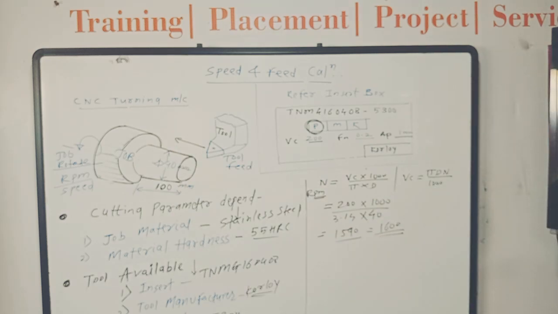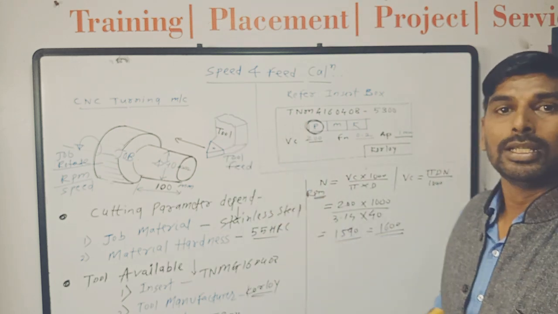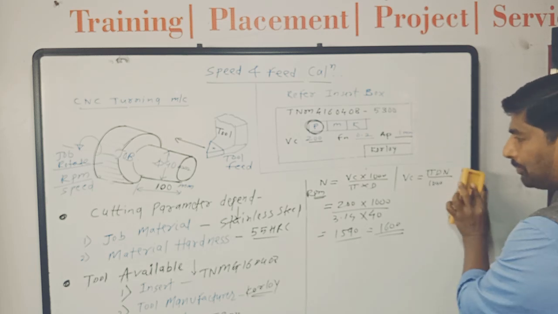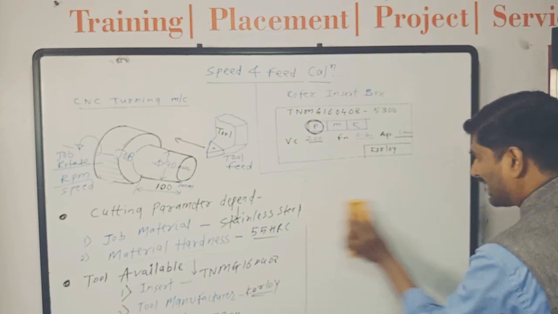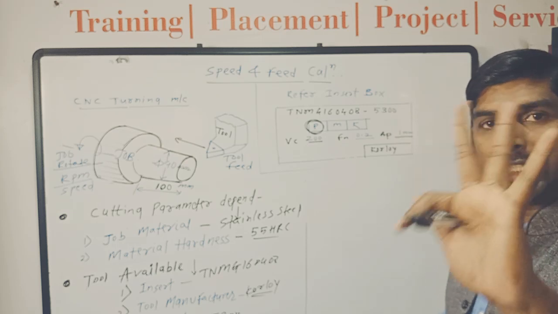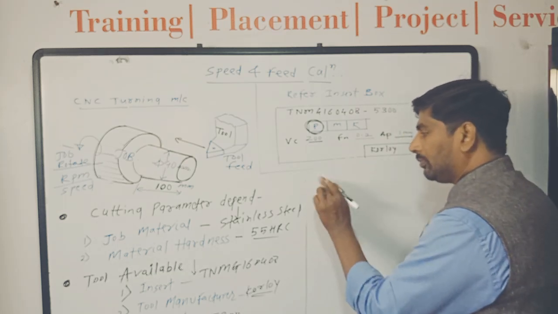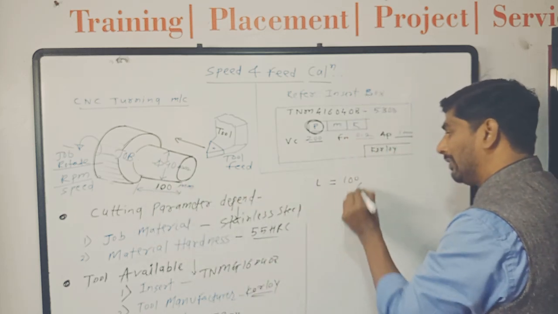The next thing we have to find out is what time will be required to cut this 40 mm diameter with the 100 mm length. That is called the cycle time. To find the cycle time for this job, three things are required. The first is length, which is 100.